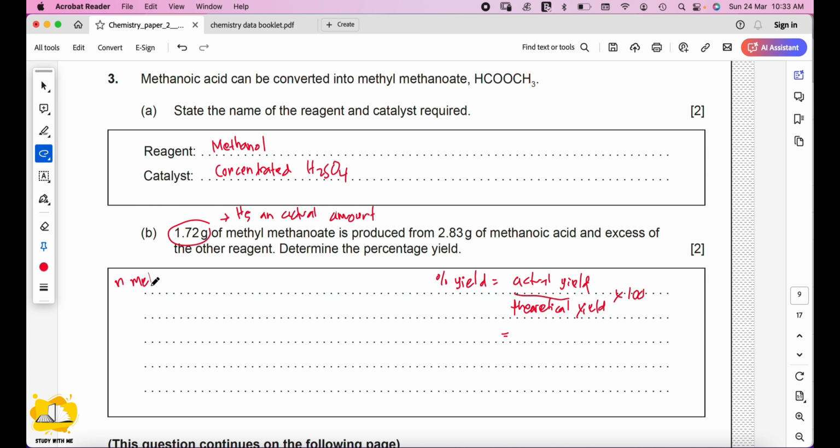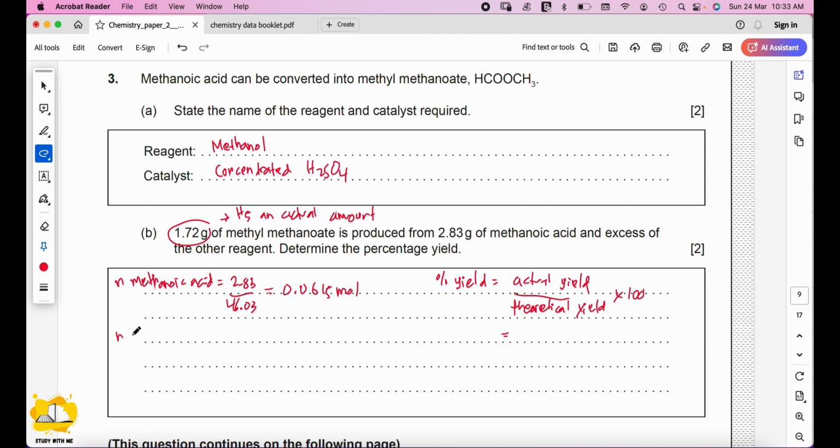So the moles of methanoic acid will be 2.83 divided by 46.03, the molecular mass of methanoic acid, which is 0.0615 mole.